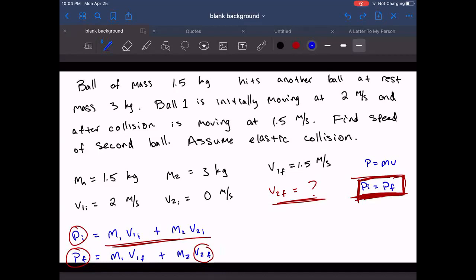This is true, right? Yes. So then this must be true. That's this part. Why? Because it's just equal to PI.